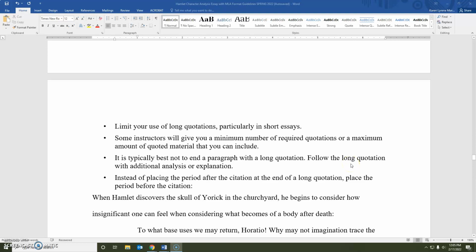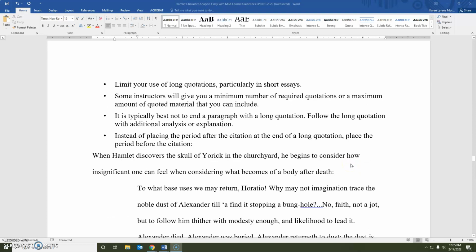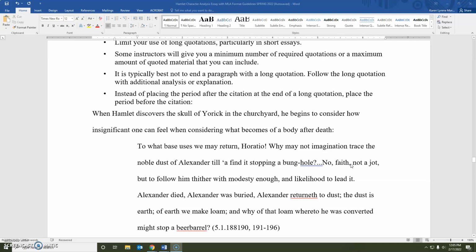You don't want to use a ton of long quotations in short essays, so keep that in mind. If you've used long quotations in your essay, make sure that your writing is the majority of the essay. You never want the quotations to be the real star of the show. You want your analysis, your contribution to the discussion, to be the majority of the writing.